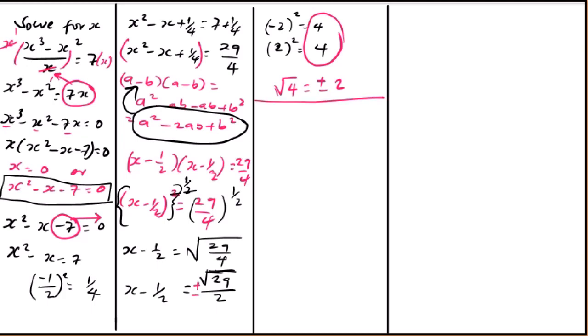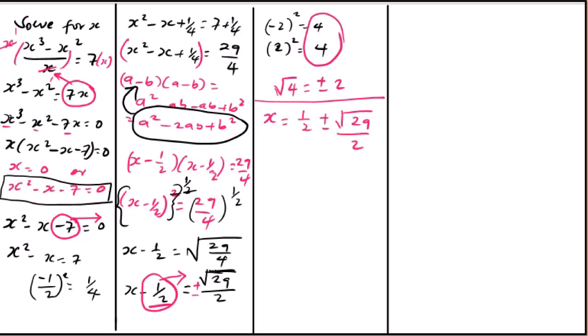Now take this half here, negative half, to the other side. Okay, the whole of this, take it to the other side. So we have x equals half plus or minus root 29 over 2.